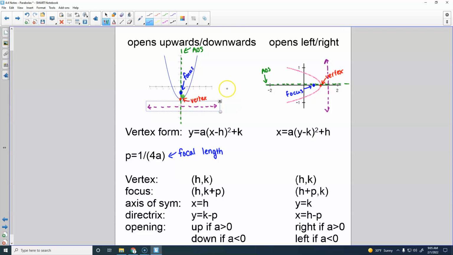But the directrix will be perpendicular to your axis of symmetry, and so like, this is your focal length. It's the distance from the vertex to the focus. That same distance, your focal length, will go from your vertex to your directrix. And we'll do a few of these so you'll know what that looks like.